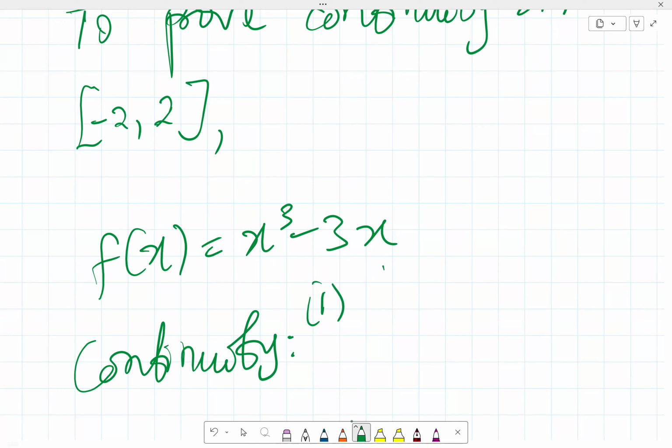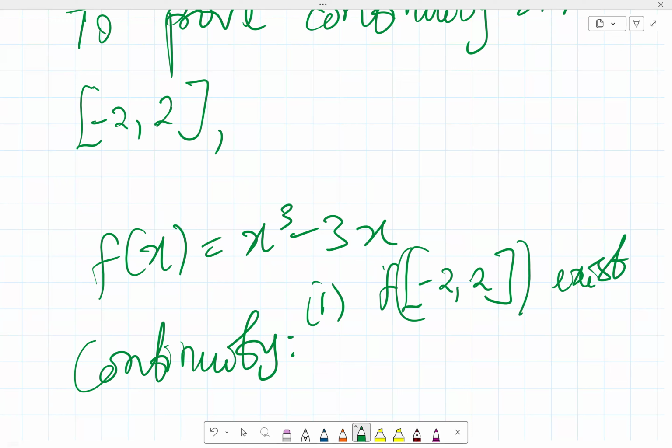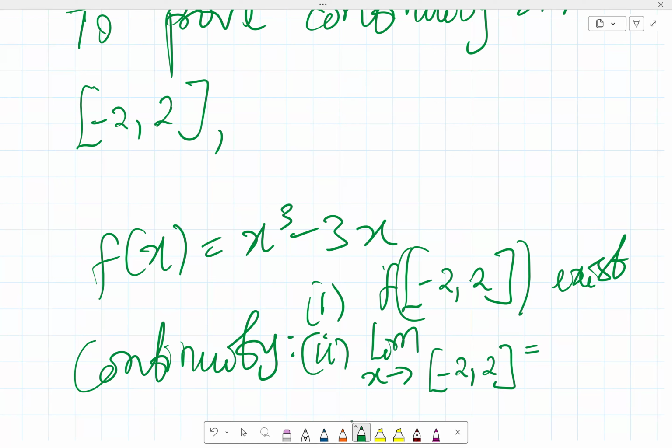The first condition is that f of x for x in -2 to 2 should exist. So at no point in -2 to 2 should the function be undefined. Number two, the limit as x approaches any of the values in -2 to 2 should always be defined.